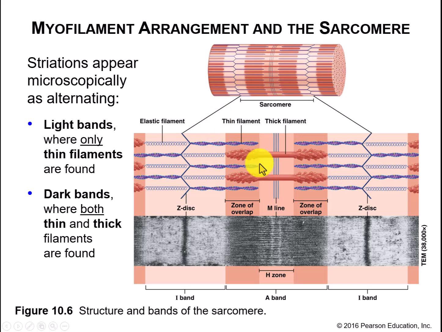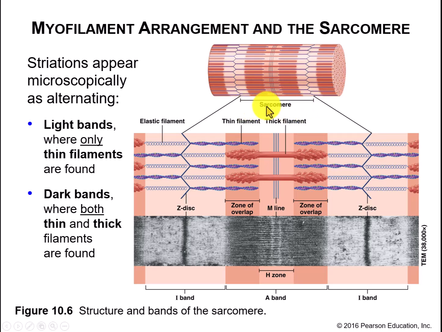All right, so here we see a blow up of that arrangement, and we can see these striations that we typically see in a muscle cell. Our actin and myosin are interwoven here. They overlap with each other within the muscle. I mentioned this before, the sarcomere.